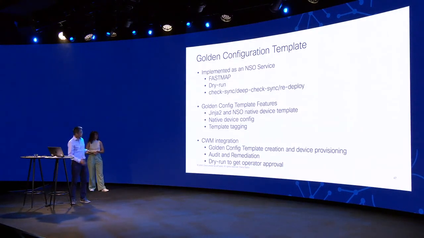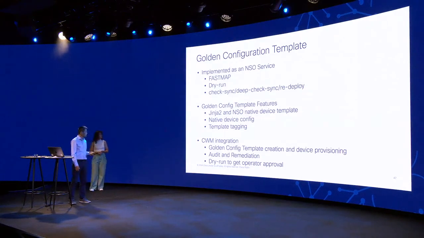The supported features include Jinja2 and NSO's native device template formats. The device config can be used as the native format, so you don't have to convert it into a different format. It also supports template tagging, which allows you to group your templates in a nice way, which makes it much easier to search for them later on.